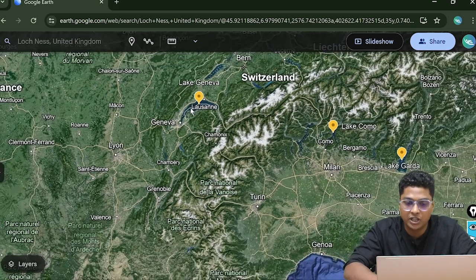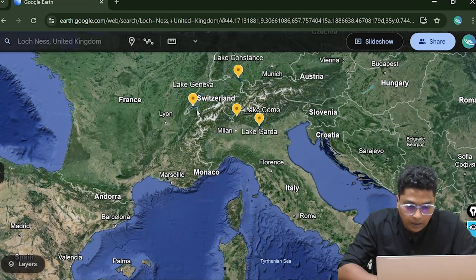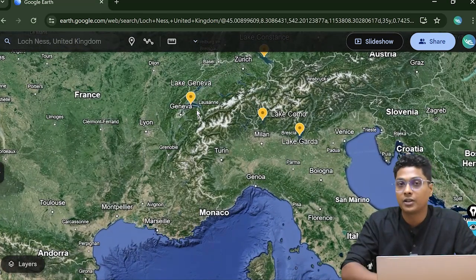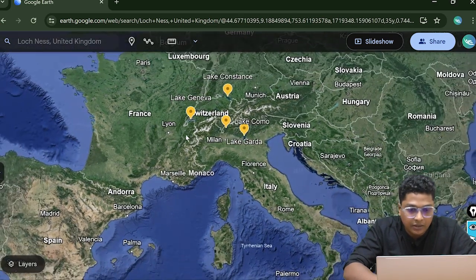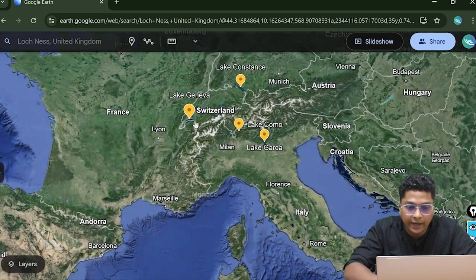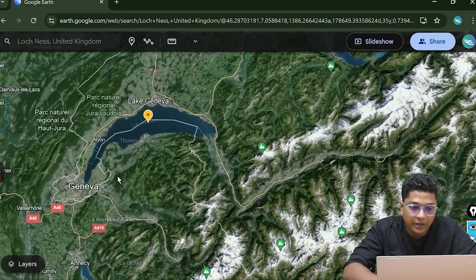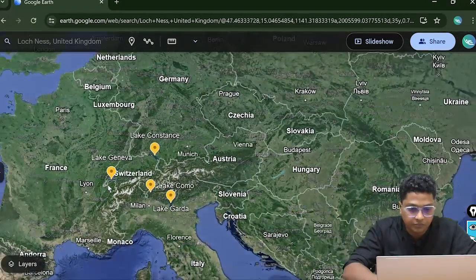Geneva, you must have heard about it, various important organizations, their centers, decisions, agreements have been made from here. Here you can see this is France and this is Switzerland, and that land border, right? Lake Geneva is shared between these two countries, France and Switzerland, right?